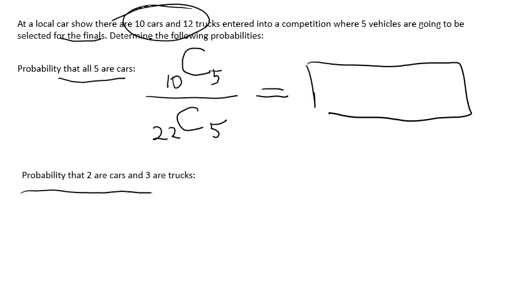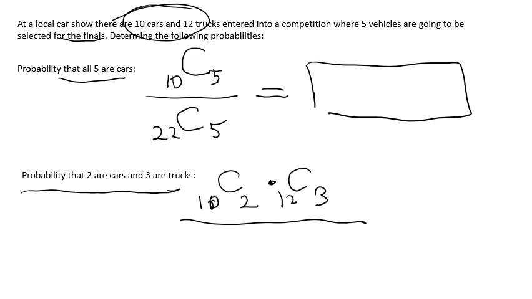The next one, the probability that 2 are cars and 3 are trucks. Well, how many ways can we pick 2 cars? Well, we need to pick 2 cars from 10, right? We need to pick the 3 trucks from the 12 trucks. So that's the number of ways we can pick 2 cars and 3 trucks. Pick the 2 cars, pick the 3 trucks.